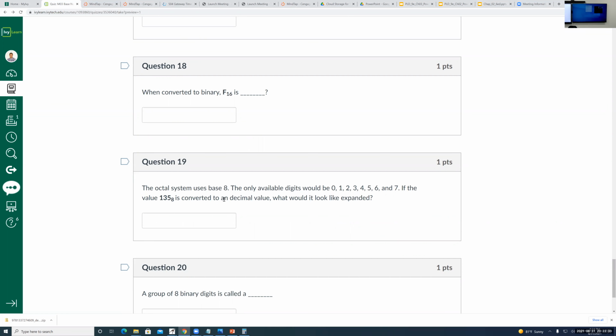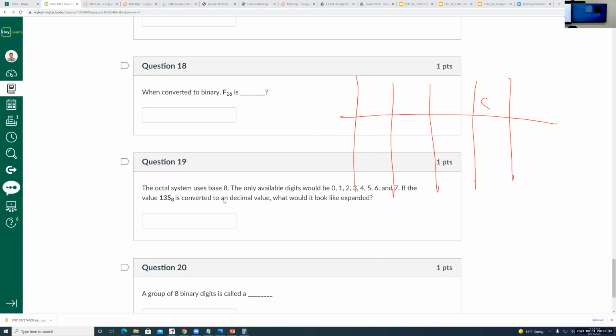This one also is very good. What is it? If you convert 135, but this one is base 8 here. Actually, the number can be in any base. Can be base 2, 3, 4, whatever. So now, if you have base 8, you have to break it down into columns as well, right?